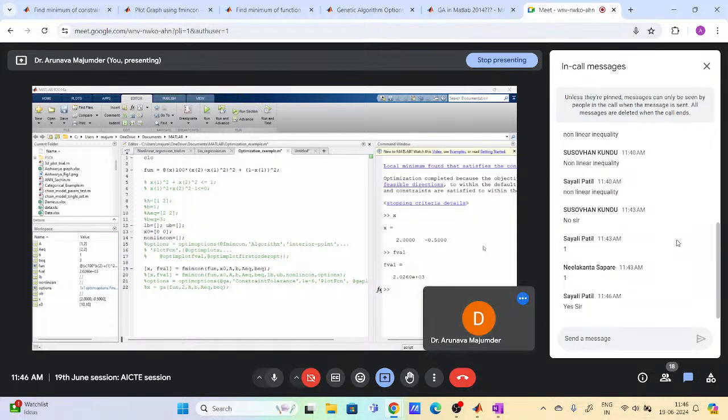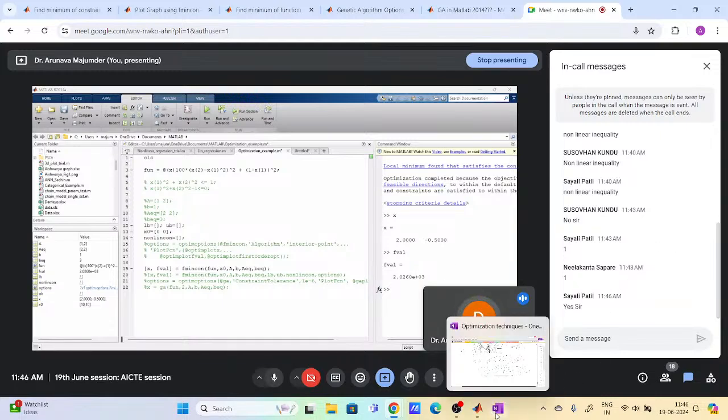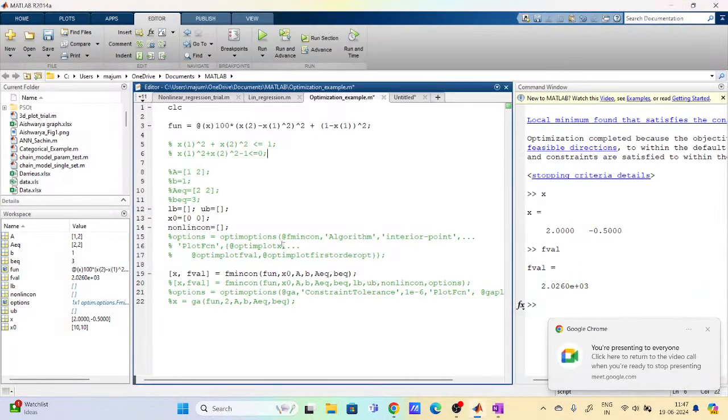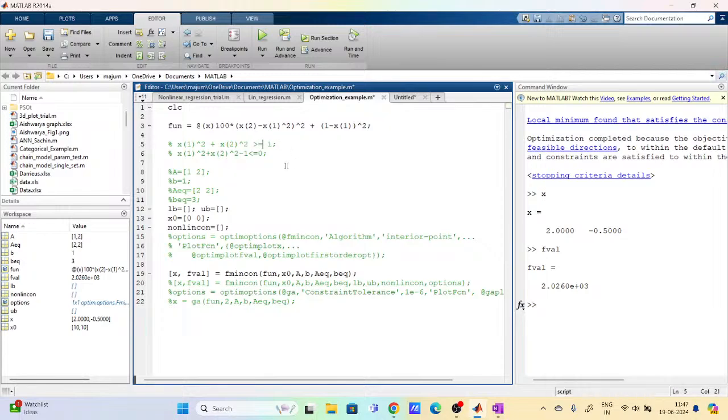Okay, so whatever is in the right hand side, keep it on the left hand side. If it is less than or equal to, fine. Now suppose it is greater than or equal to. First you need to change the symbol to less than or equal to, by multiplying by minus.